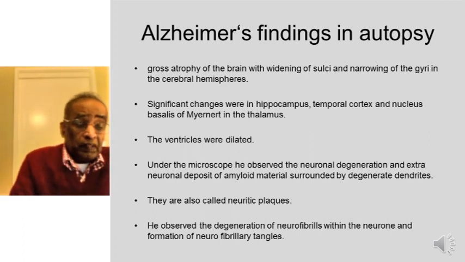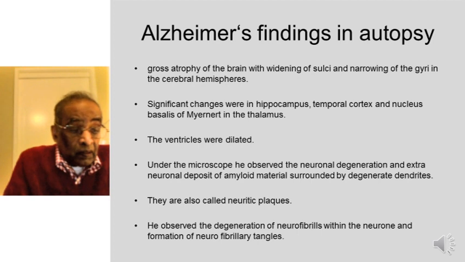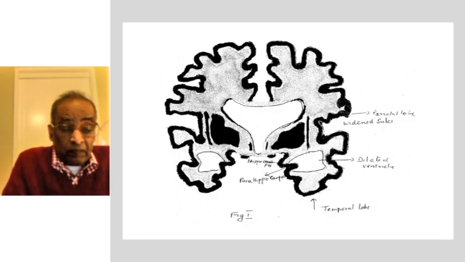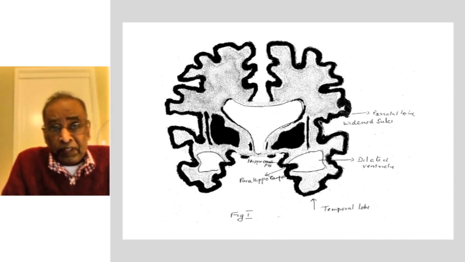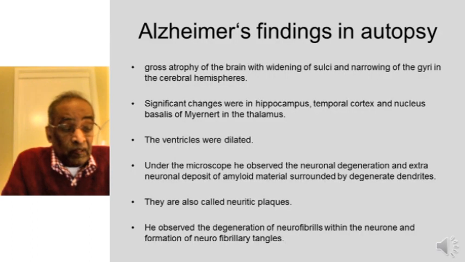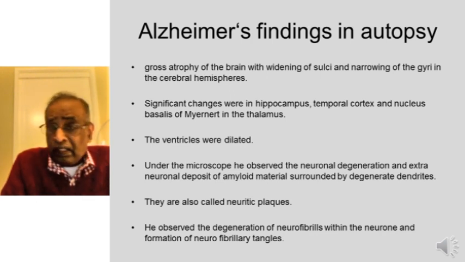Alzheimer noted the gross atrophy of the brain with widening sulci and narrowing of the gyri in the cerebral hemispheres. Significant changes were in the hippocampus, temporal cortex, the nucleus basalis of Meynert, and in the thalamus. The ventricles were dilated.